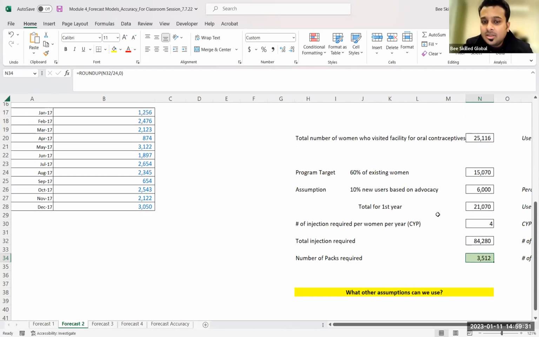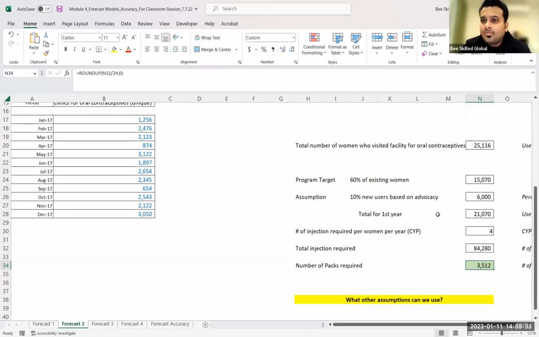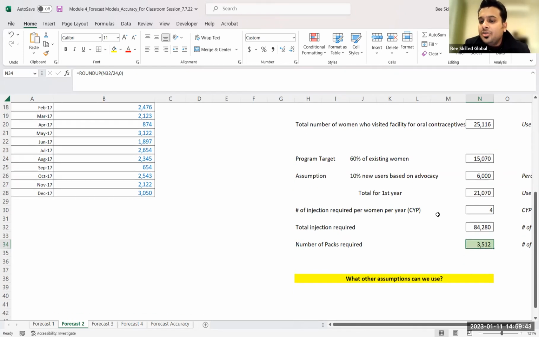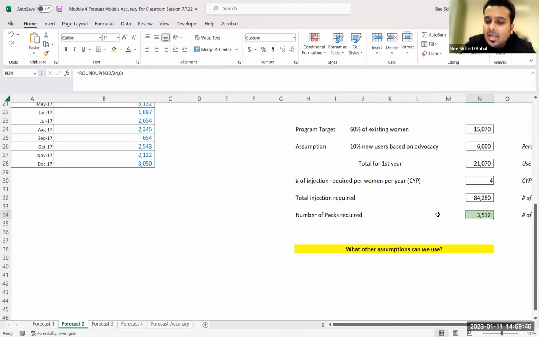So in this case, there was no consumption data, there was no trend analysis. We just knew these many women are there, and based on some logical explanation, we ended up with the forecast of the product required in the next year.